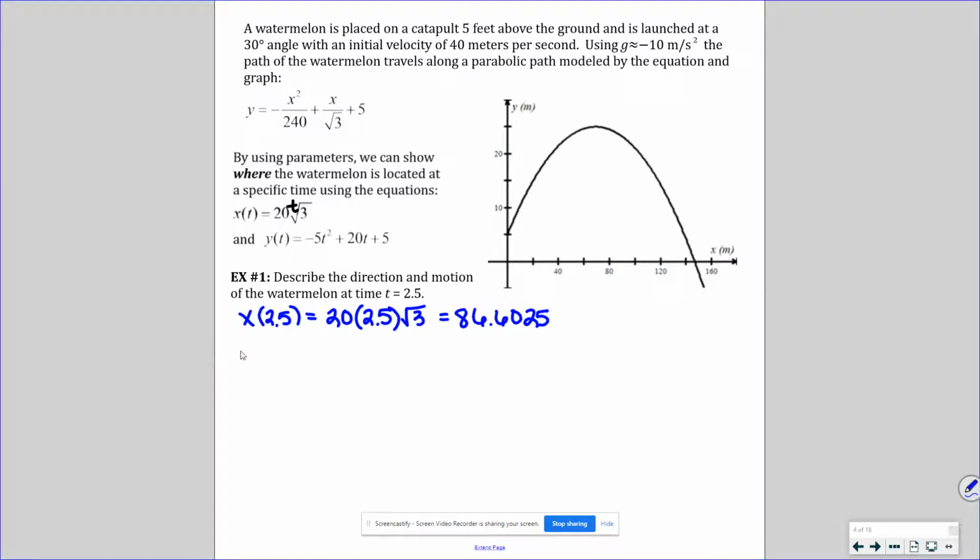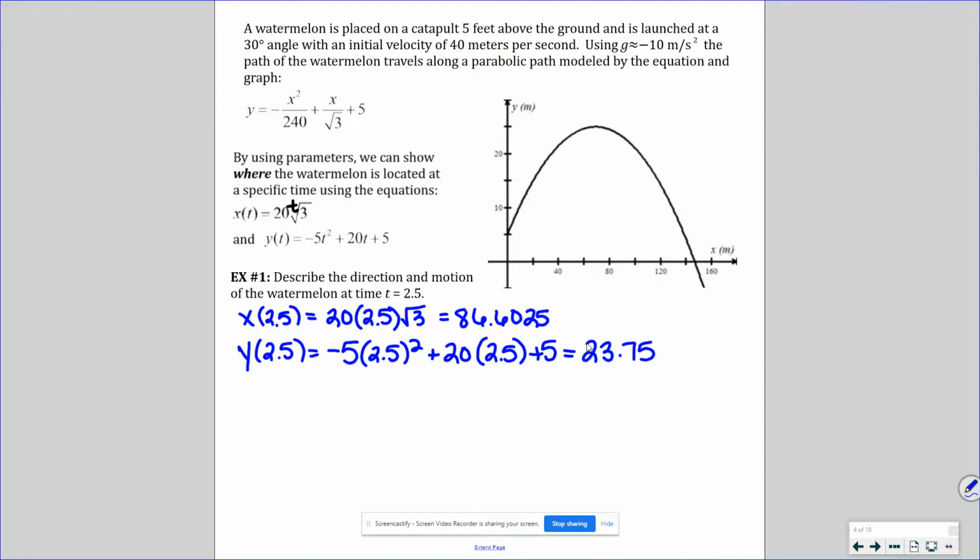And then do the same thing for y. So plug 2.5 into the y equation everywhere that you see a t. And you're going to get 23.75.